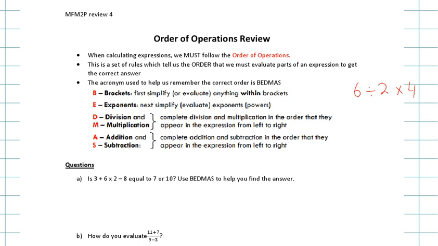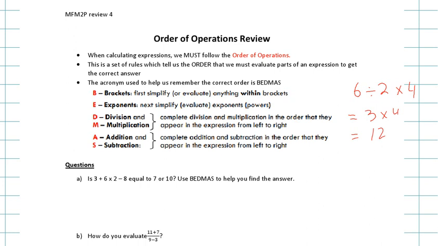Reading from left to right as you would read your sentence, division comes first, right? So you must do 6 divided by 2 first, which is 3. Then you do multiplied by 4, which is 12.